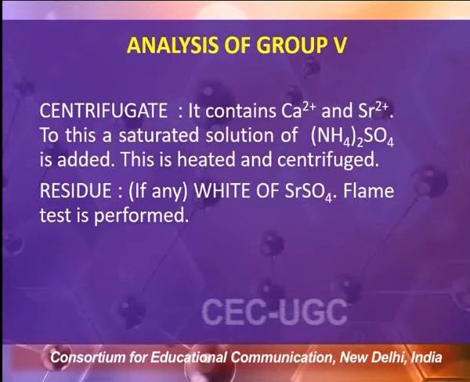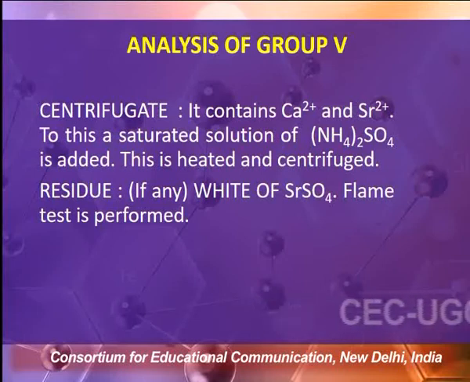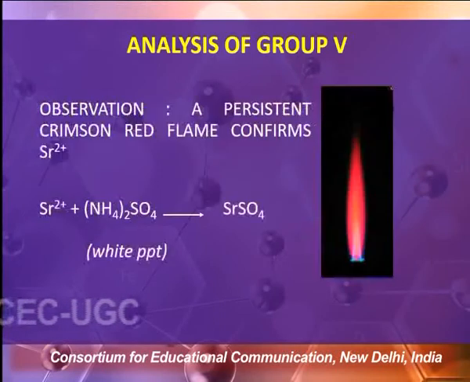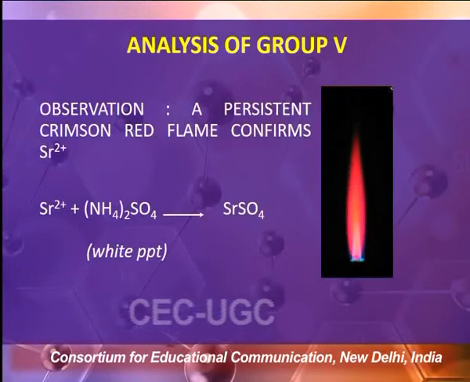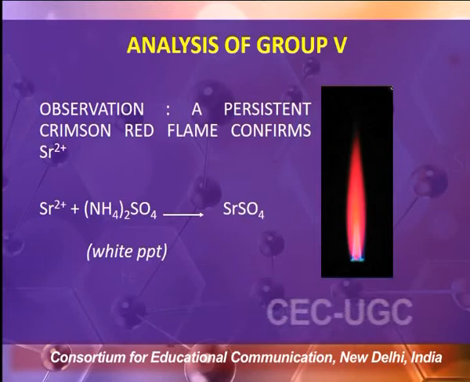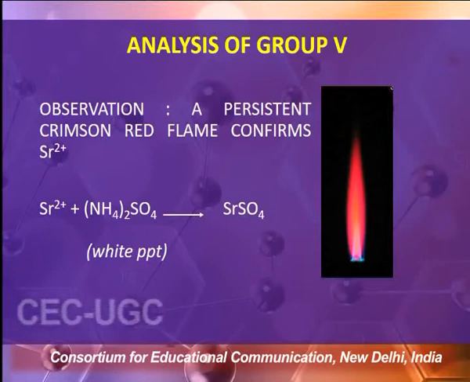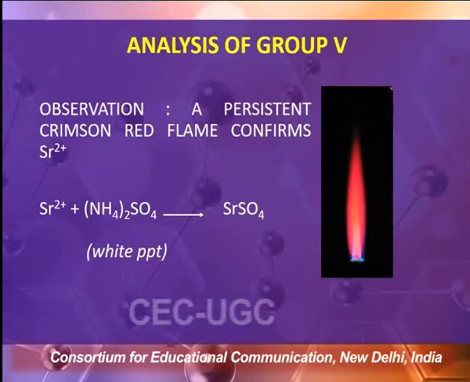To confirm this, the flame test is performed just as it was for barium ions. This flame test gives a persistent crimson red colored flame. Persistent means the color stays in the flame for a few seconds.